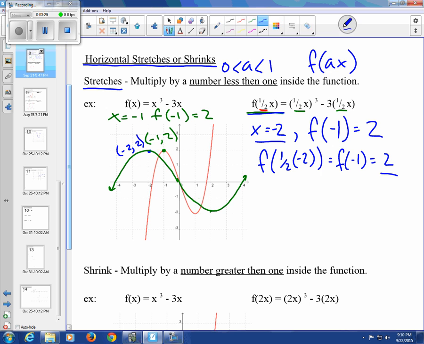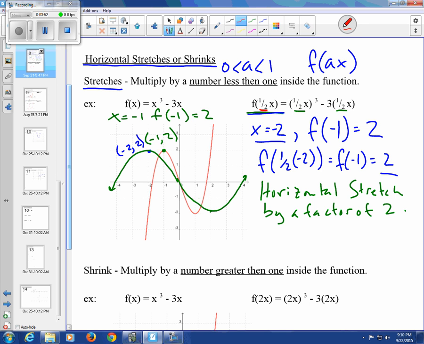And so we can say that the transformation we're seeing here is a horizontal stretch by a factor of 2, not 1/2, but 2.